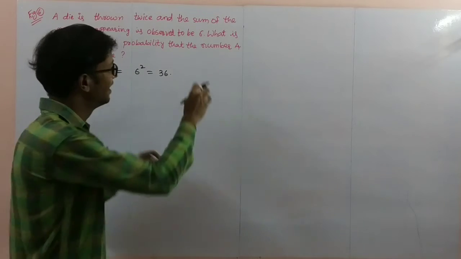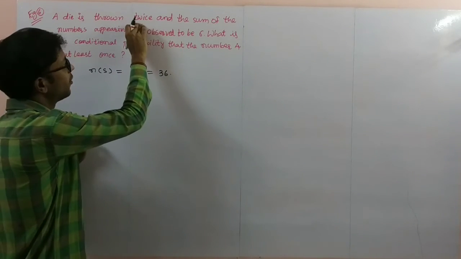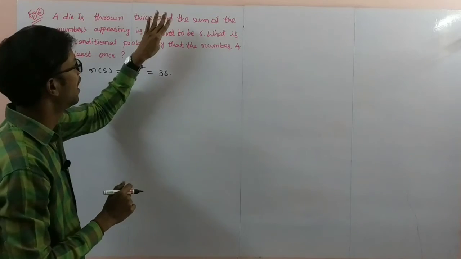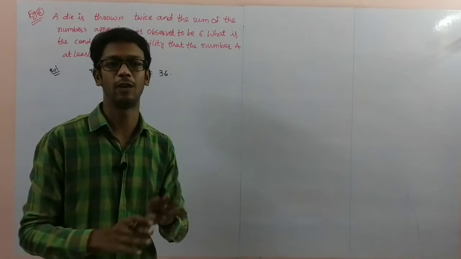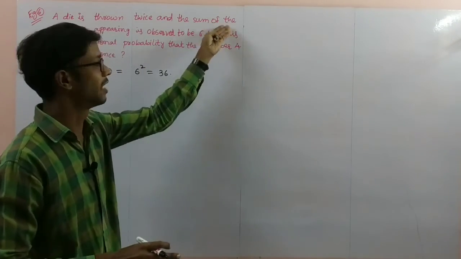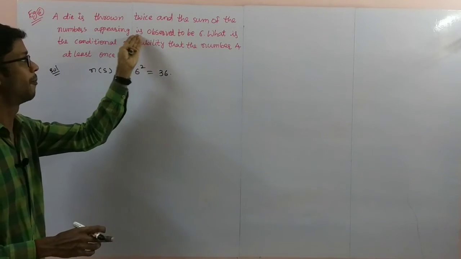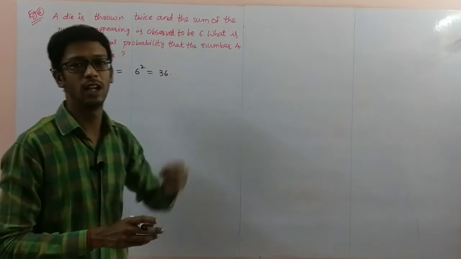Here you observe this one is E and the first one is F. Why? Because this one is already given. What is given? The sum of the numbers appearing is observed to be 6.